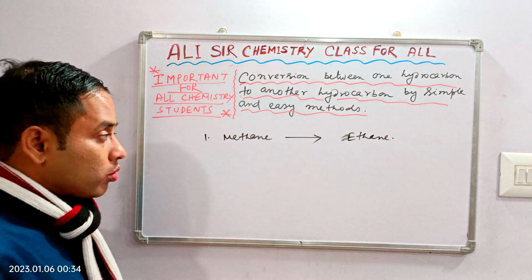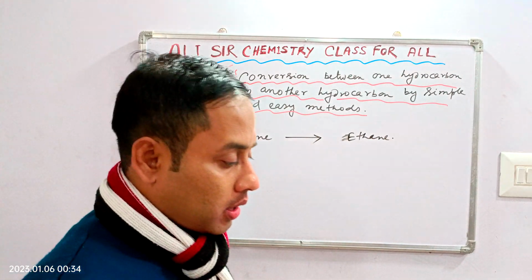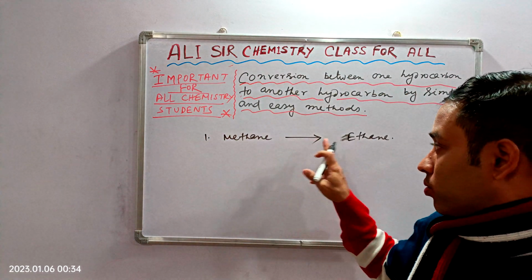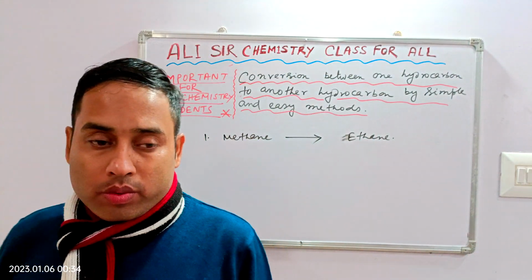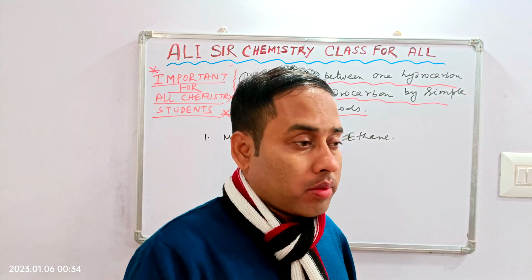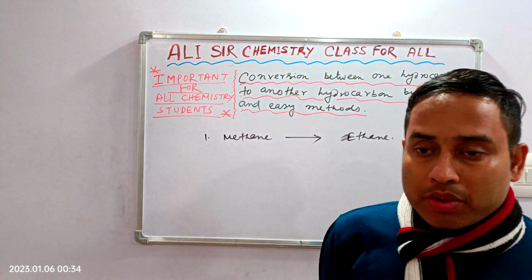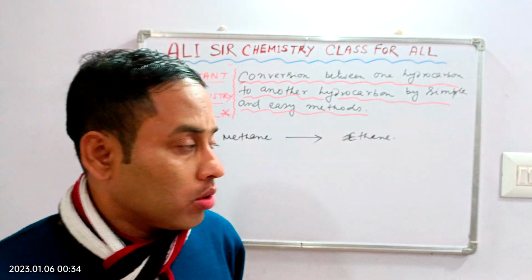That means the transformation is alkane to alkane, lower alkane to higher alkane. First of all, you have to know the structure of the given compound. In examination, sometimes the structure is given, but sometimes the IUPAC nomenclature or commercial name is given. So you have to know these types of names.